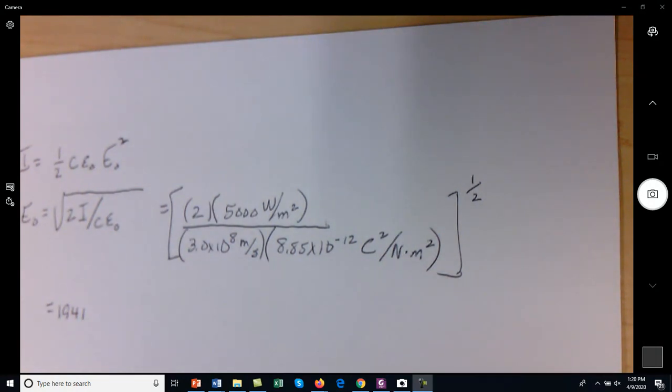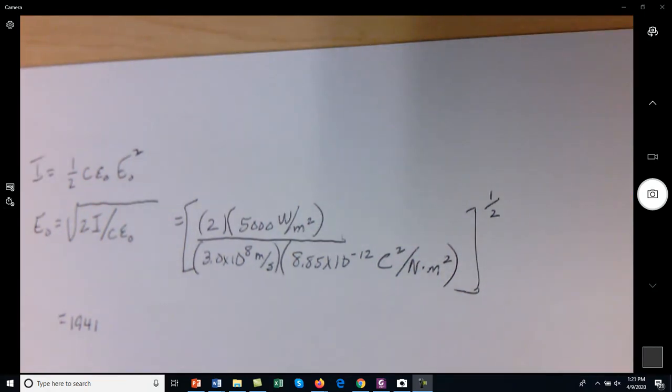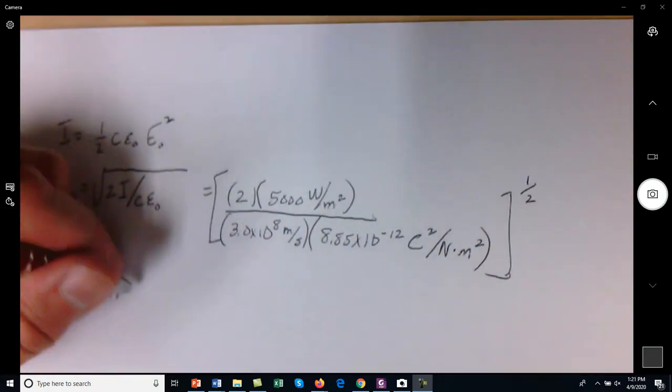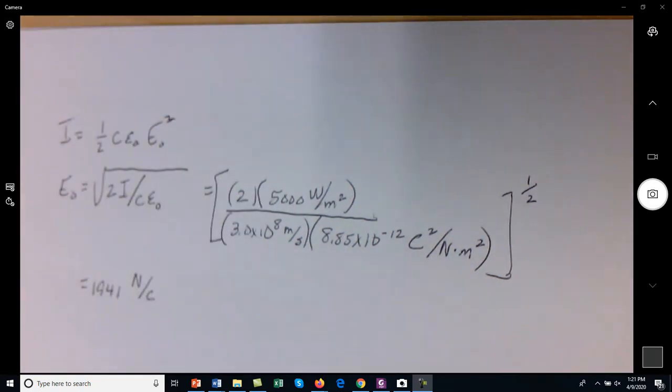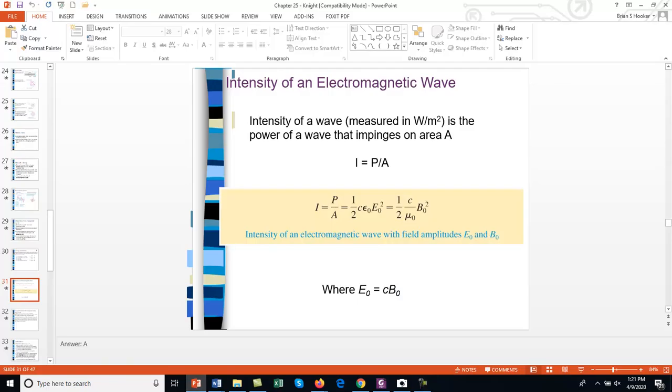Okay. And our units are going to be a little odd here. We have to do some dimensional analysis. Okay. So our electric field is 1941 newtons per coulomb. Okay. Then we switch back to magnetic field. Okay.